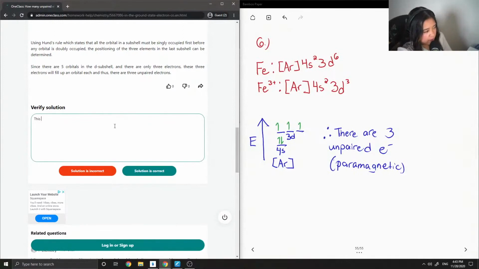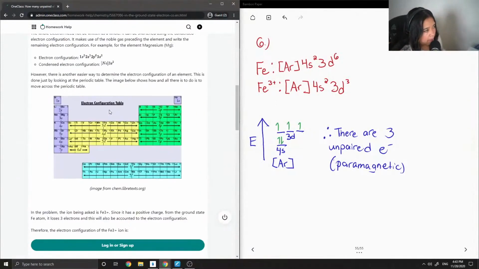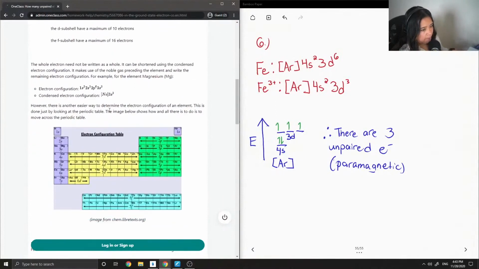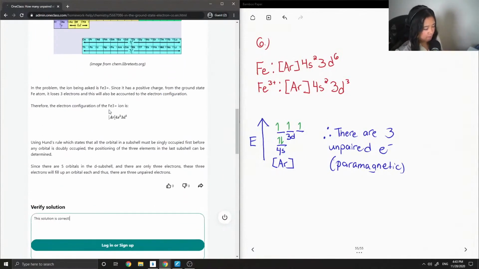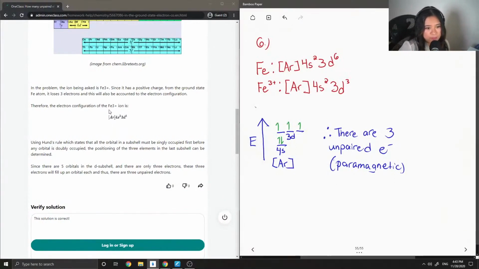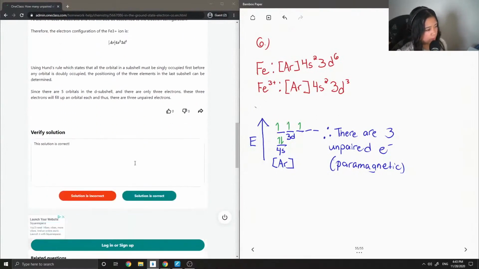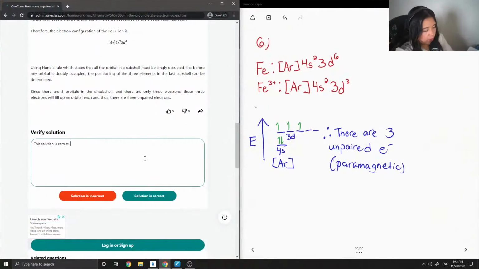Yep, so this solution is correct. Yep, so the solution is correct.